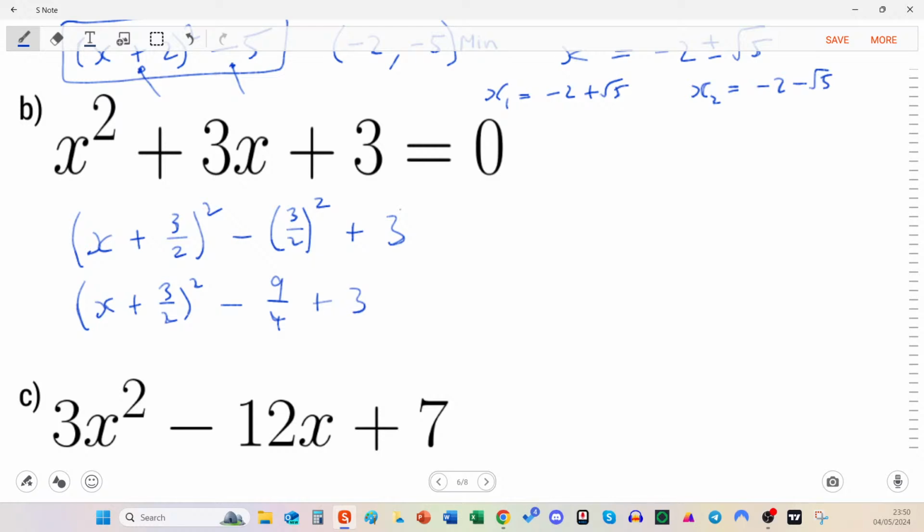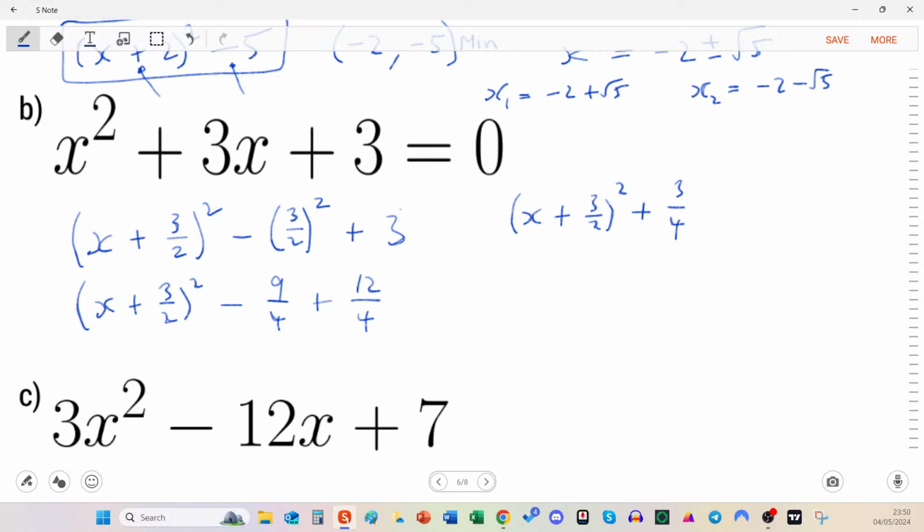And maybe we don't want to write 3 because we know this is over 4. We could write 3 as something over 4. Well, that'd be 12, wouldn't it? And now without a calculator, we can add these fractions because they have a common denominator. So we get (x + 3/2)² plus, overall, 3 quarters.